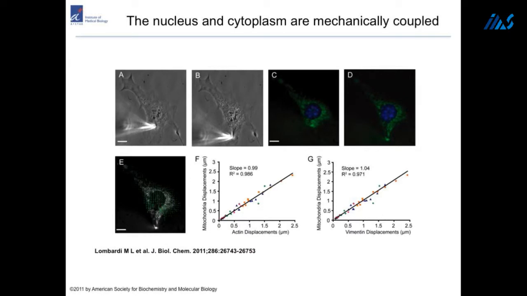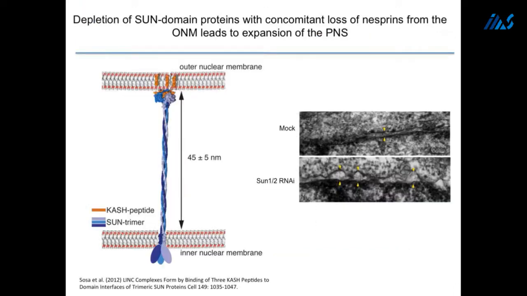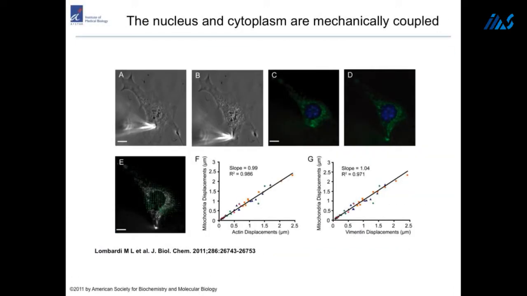So the nucleus and the cytoplasm are evidently mechanically coupled, but does this actually have anything to do with link complexes? So Jan Lammerding and collaborators, including us, addressed this point by revisiting the experiments that were carried out by Don Ingber, which is basically to poke cells in the cytoplasm, move the needle and see if the nucleus deforms, exactly as you can see here.